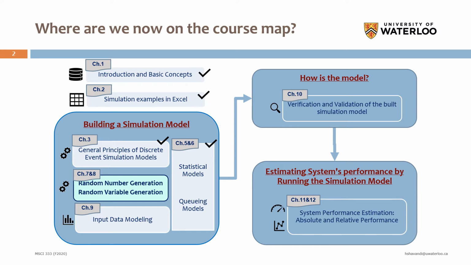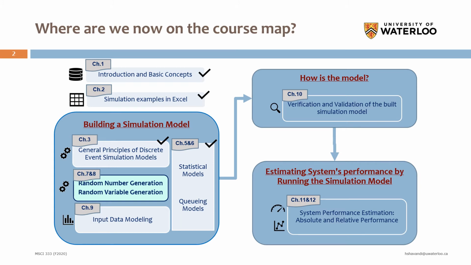As you remember in the simulation models that we had in chapters 2 and 3, generating random numbers and random variates are the core component of any simulation model, right? Because without generating random numbers or random variates, we can't run the simulation models, right?